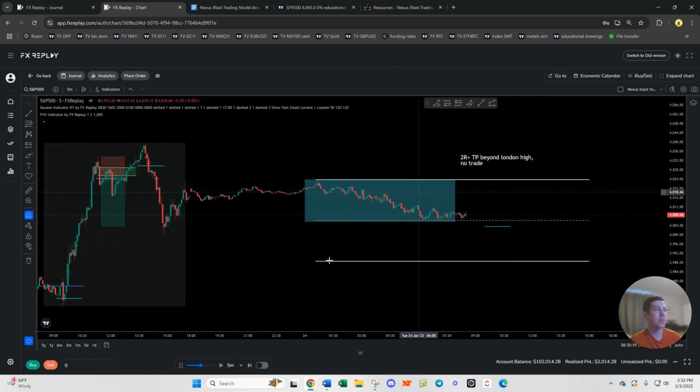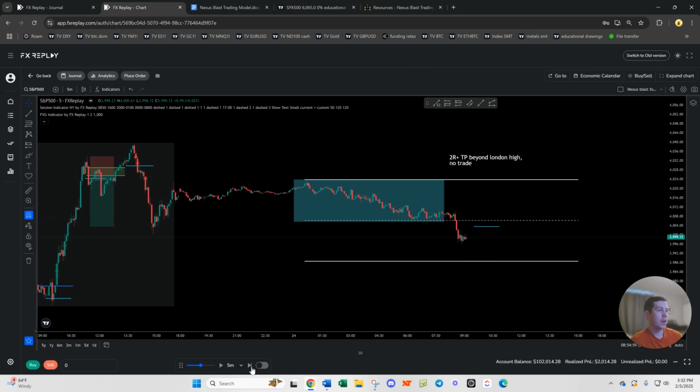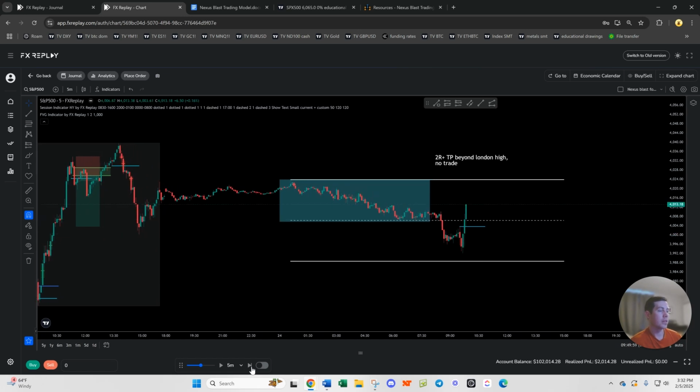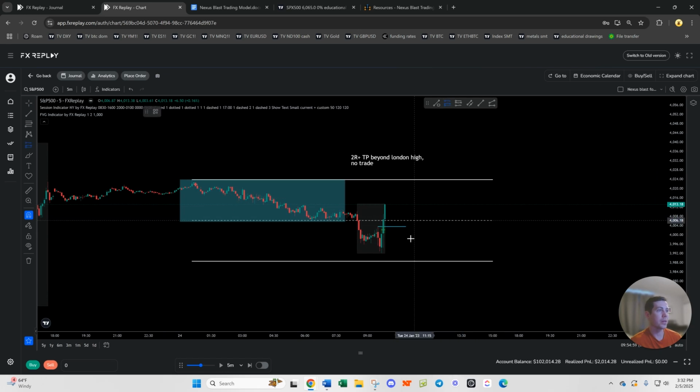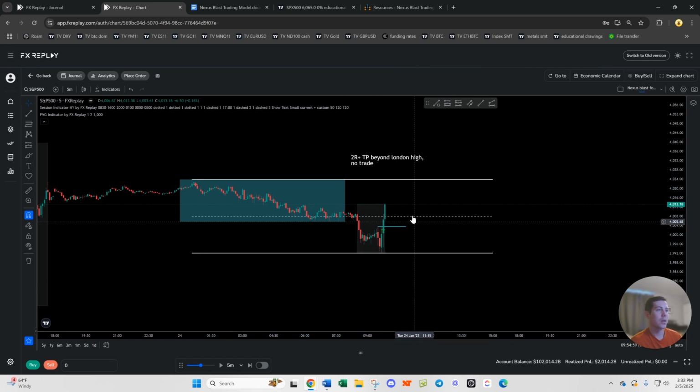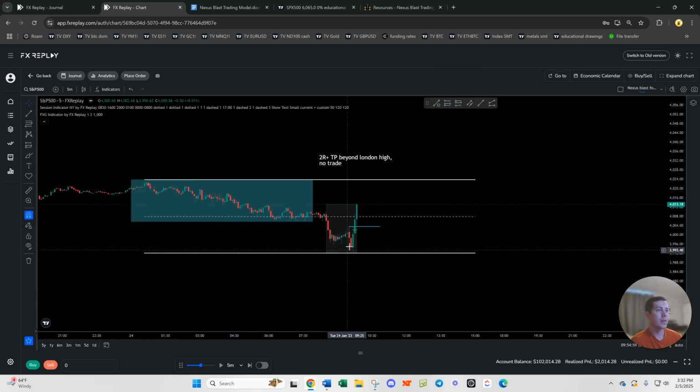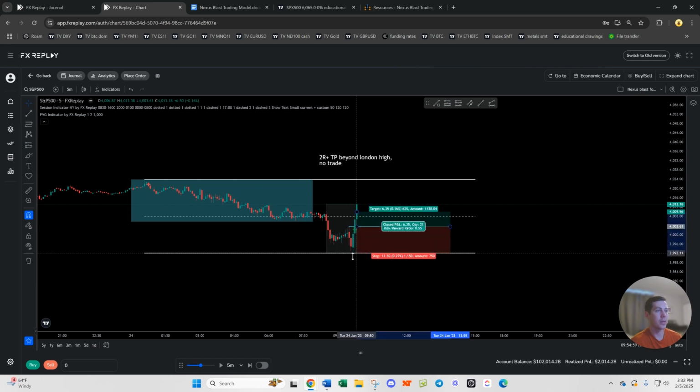This is an example I'll show you guys of why it's sometimes good not to take trades when your take profit is too ambitious. So right here you can see we did sweep the London low. We had a break of structure right here with a fair value gap, so you could have looked to enter on the retest, but to get to 2R, we'd have to go beyond the high of the day for this London session.